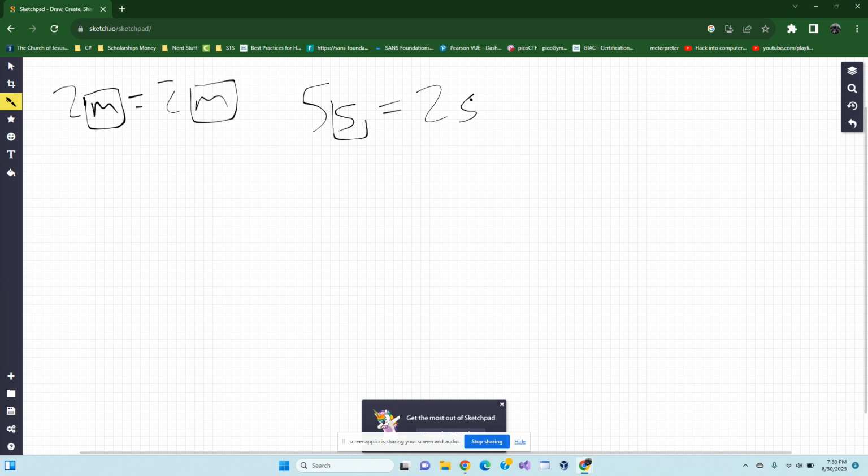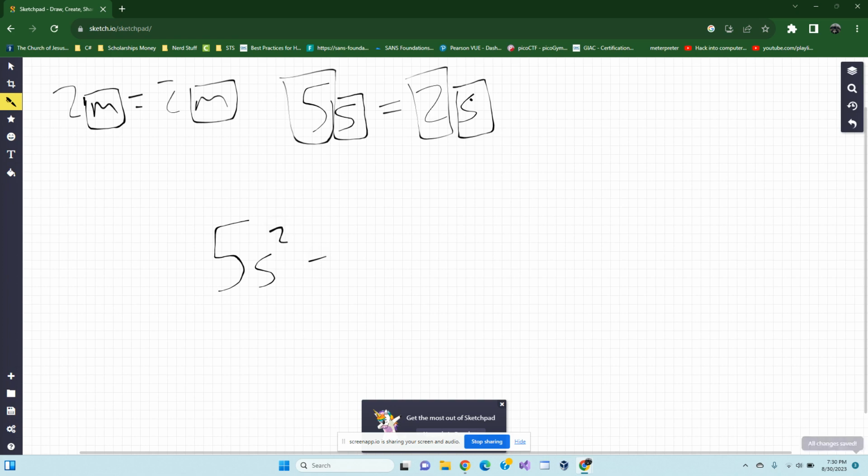Now our equation is dimensionally correct. We have the same units on both sides, but it is not numerically correct. 5 seconds does not equal 2 seconds. So the answer to that question would be no. Just because an equation is dimensionally correct does not mean that it is correct.